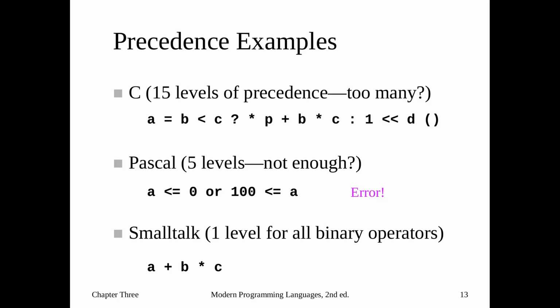Now, there's all sorts of different examples of precedence. Languages have all different levels. C had 15 levels of precedence, right? Possibly too many. Pascal had 5 levels of precedence, possibly not enough. And then Smalltalk just said all binary operators have the same precedence level.